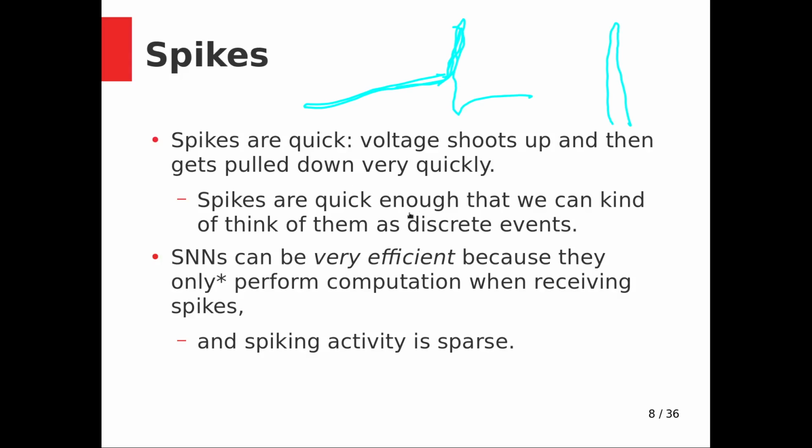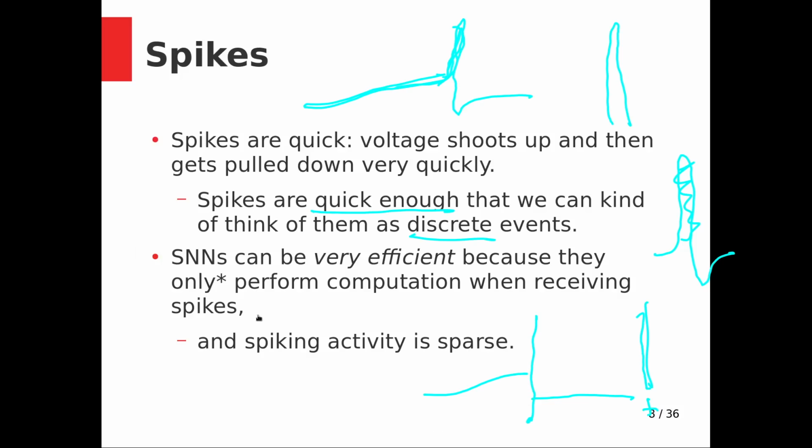Spikes are quick enough that a lot of the time, and especially with spiking neural networks, we can get away with thinking of them as discrete events. So instead of trying to model that short-term, transient, extreme voltage fluctuation, we can treat it basically as an event that happens at a specific time, t. So voltage goes up, we mark the spike time, and then we reset.